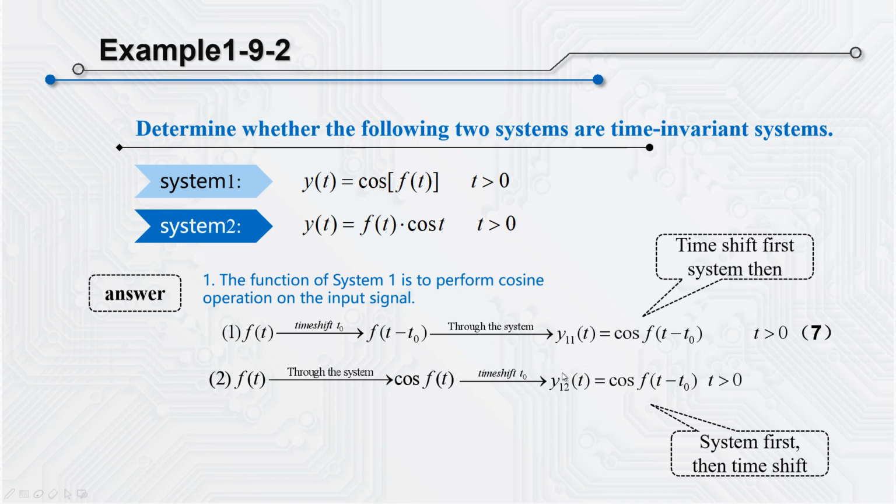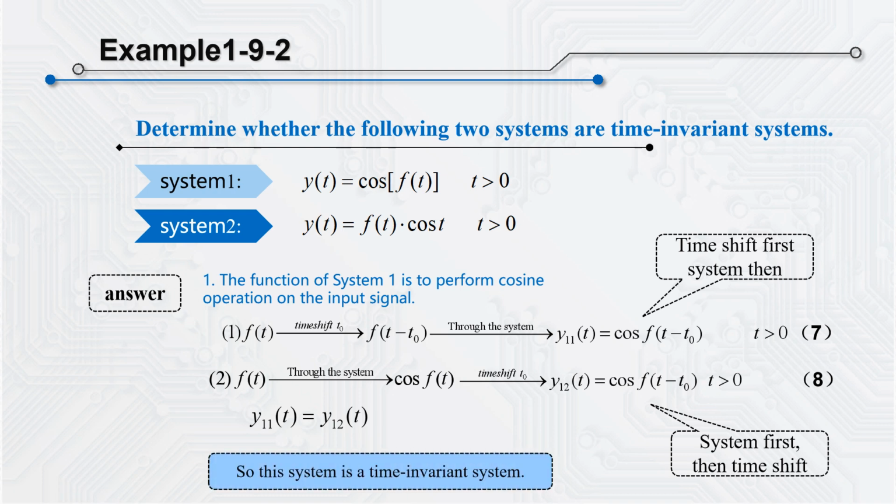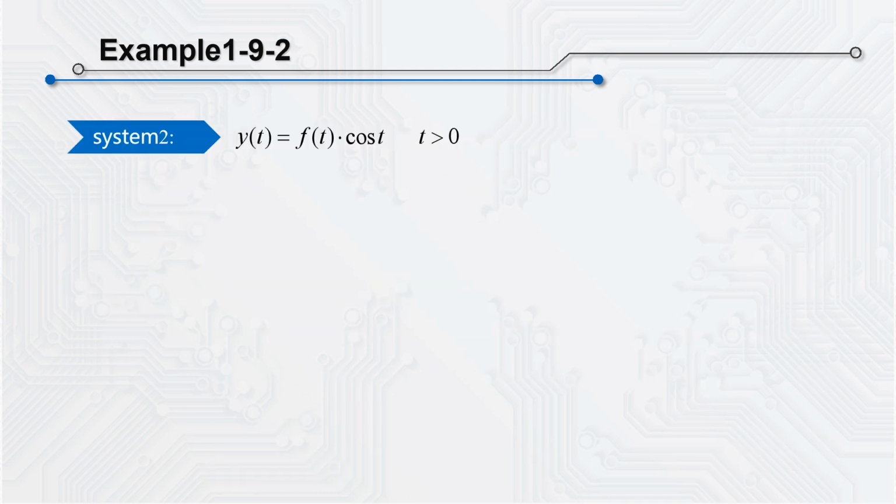We can get y12, as shown in formula 8. By comparison, it can be found that formula 7 and formula 8 are the same. So system 1 is a time invariant system.